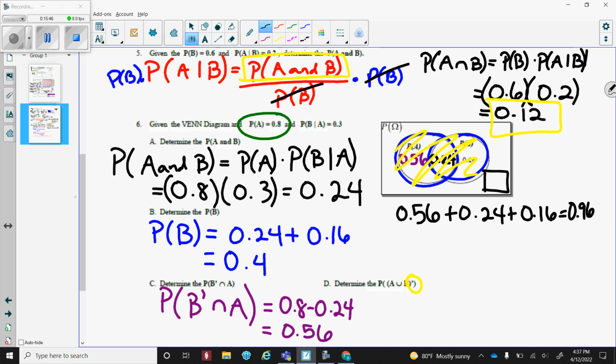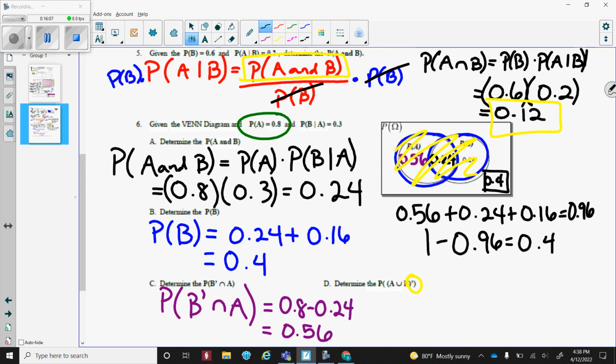So this space out here, like this whole space out here where we had the little number in the corner in our previous examples, well, it's going to be 1 minus everything else added together. So that little number in the corner is going to be 0.04. So everything that's not A, everything that's not B is 0.04.